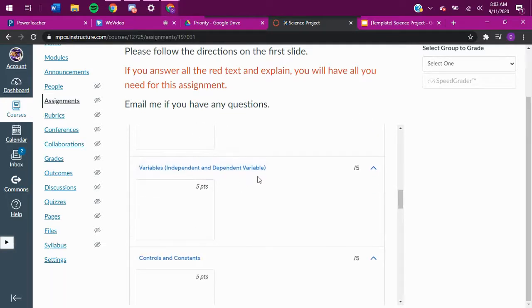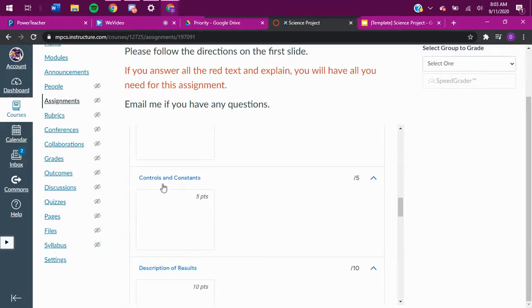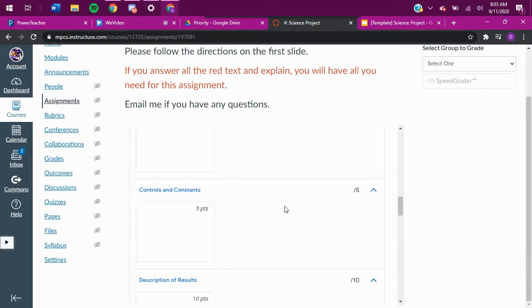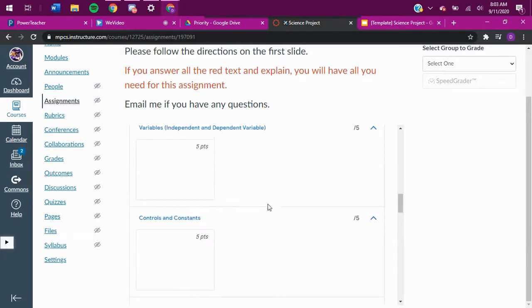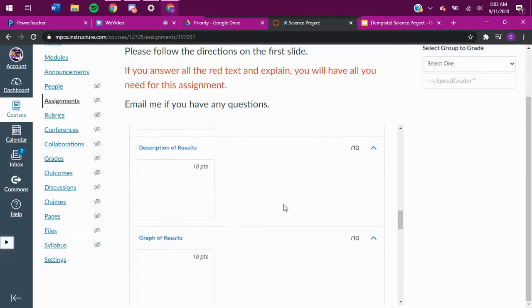Make sure that your variables, your independent and dependent variables, are there. And then make sure that your controls and your constants are also there. You can go back to your scientific method notebook, and that will help you out with those too. Description of the results. So a detailed description of your results. Be as detailed as you can so I can understand what is happening.